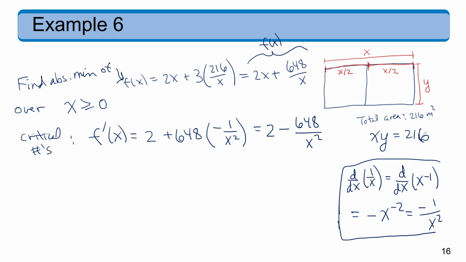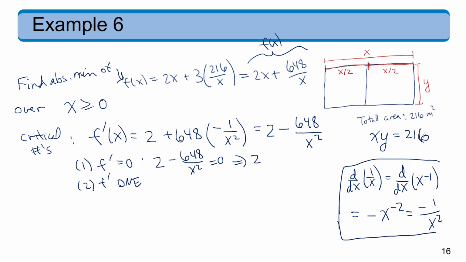So that's f prime. Now for critical numbers, we look at two conditions. Either f prime could equal 0, or f prime doesn't exist. So for equal to 0, just take our formula that we just found for f prime, set it equal to 0, and then we solve for x.